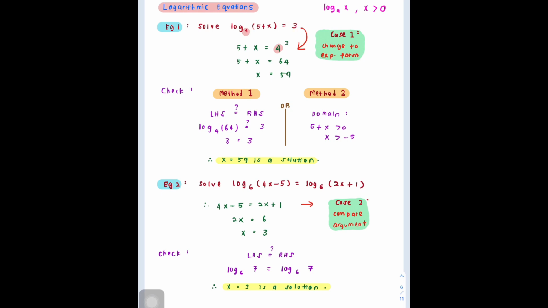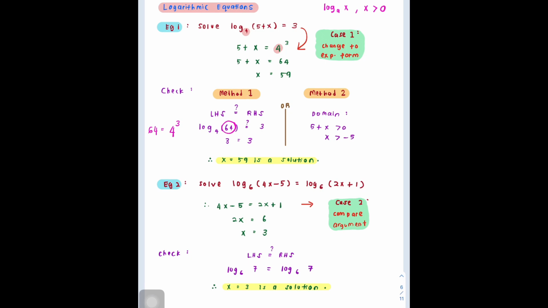You know that 64 can be changed into the form of 4 cube. So log base 4 of 4 cube is equivalent to 3. So you have equal value on the left side and also the right side. So you can conclude that x equal to 59 is a solution.